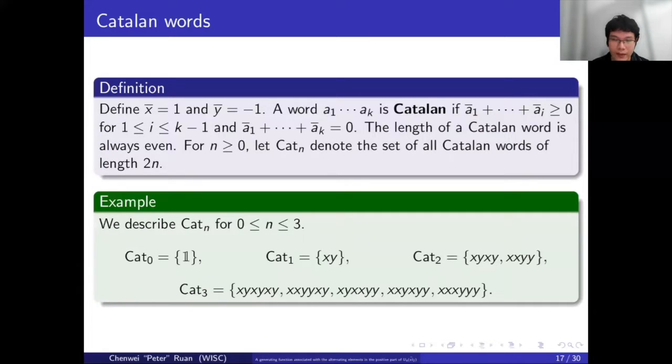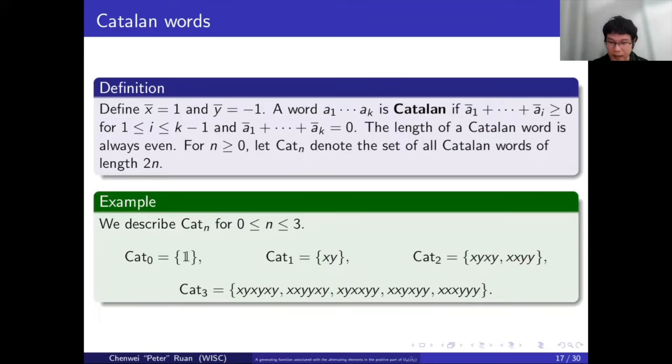So the length of a Catalan word is always even, just by definition. For natural numbers n, we denote the set of all Catalan words of length 2n by Cat_n. To give an example, we write down Cat_n for n from 0 to 3. Cat_0 is the trivial word, and the Catalan word of length 2 is only xy. This is the only one. And there are two Catalan words of length 4.